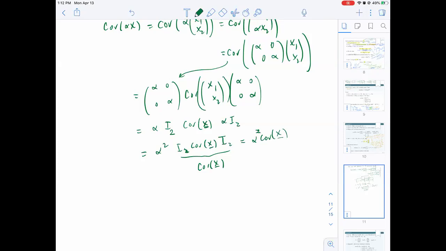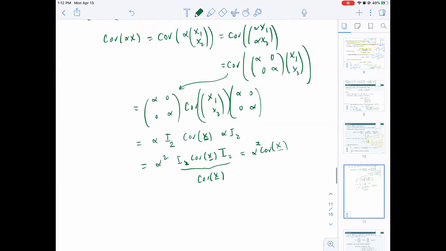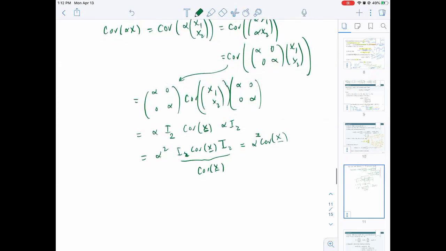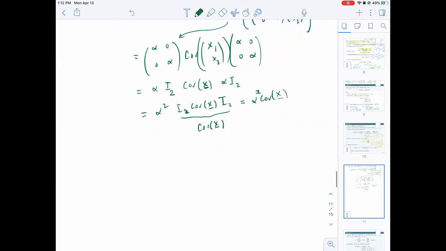Go ahead. Professor, can we say simply just alpha is a matrix 1 by 1, so we can use the lemma for that? This is a good question. So can we say alpha is 1 by 1 and say covariance of alpha times x, this is 1 by 1, right?